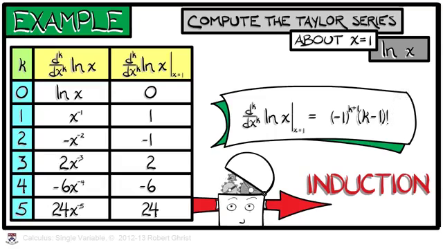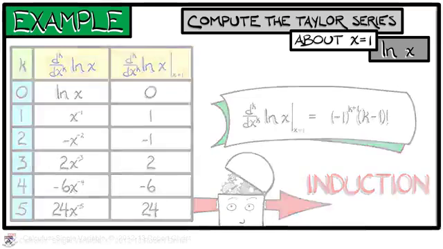Evaluating that at x equals 1 gives us simply the coefficient negative 1 to the k plus 1 times k minus 1 factorial. Now, to get the full Taylor series, we need to divide this coefficient by k factorial.